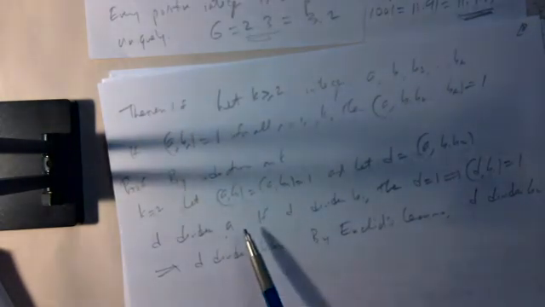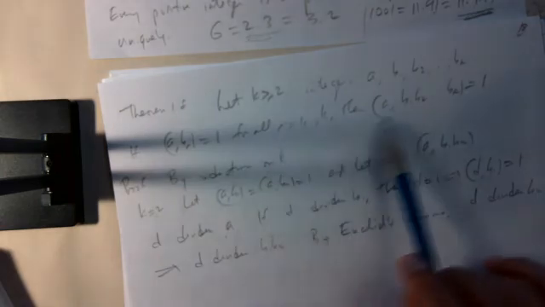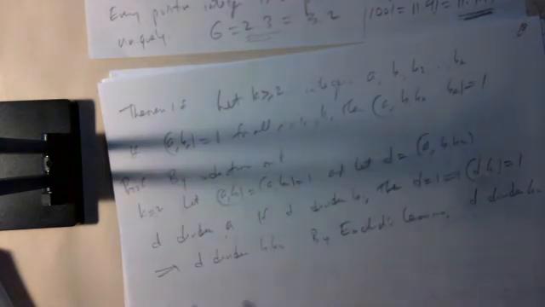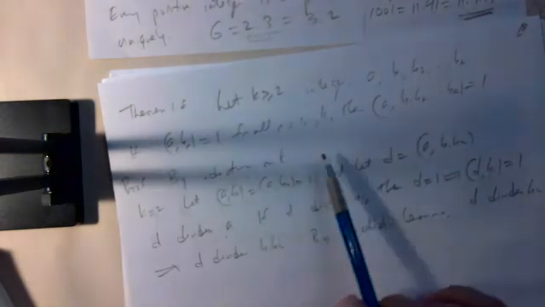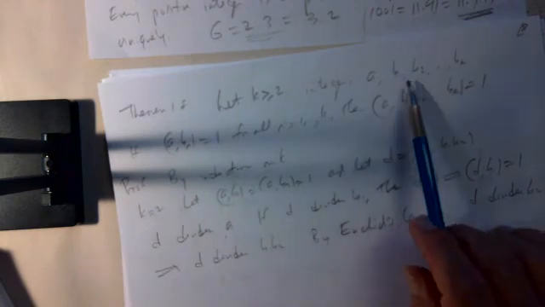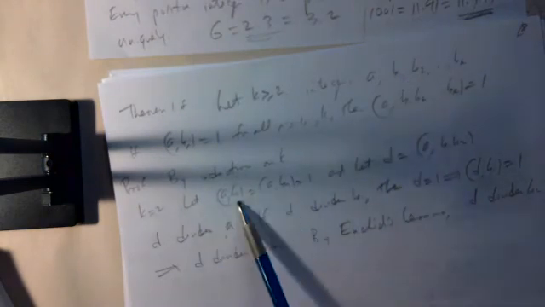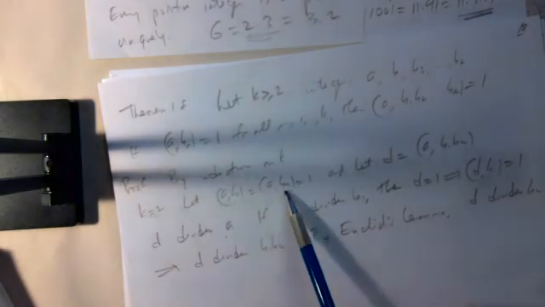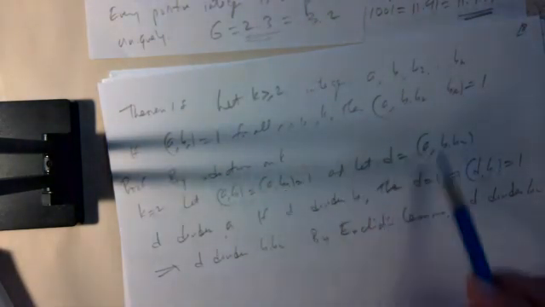Let me just start this again to make sure it's not so complicated. So I want to prove the statement for k equals 2. So that means if you have numbers B1 and B2, and A is relatively prime to B1 and relatively prime to B2, then I claim it's relatively prime to the product B1 B2.